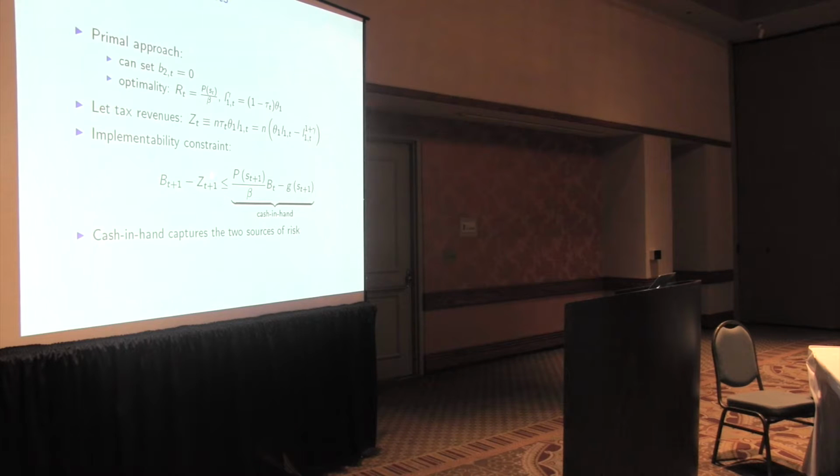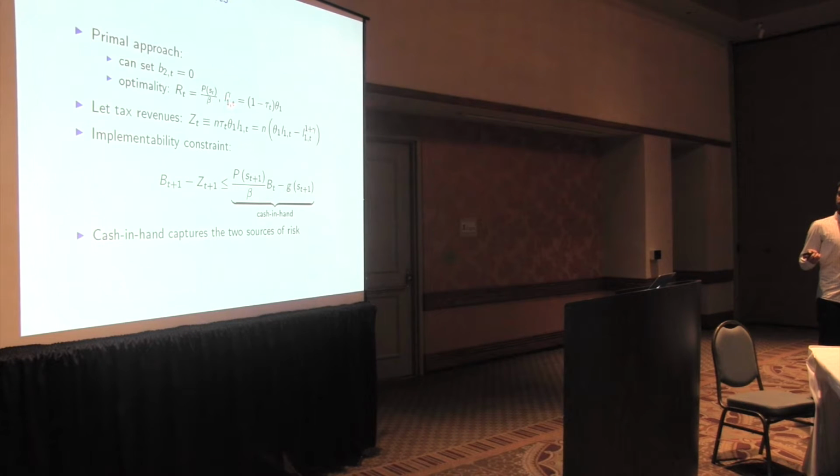So the simplicity of the quasi-linear world allows us to focus on the price of this asset, which is always 1 over beta. So the only thing which moves the returns is the payoff structure, which we're going to have results for different payoff structures. So that makes one thing easier.